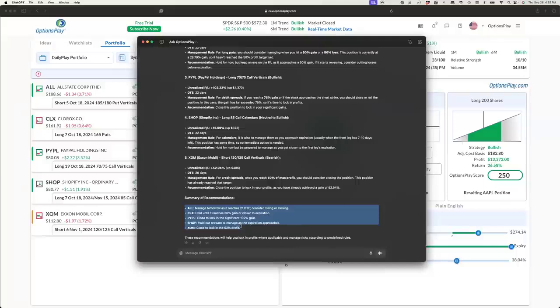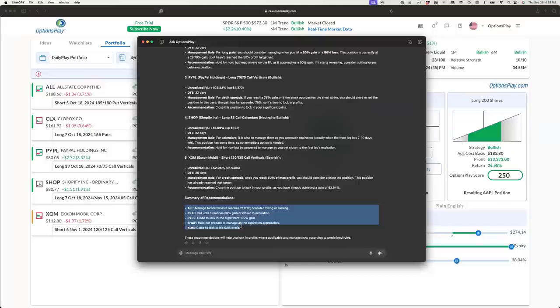Whether it's a time-based rule, take profit or stop loss, not only do I have to remember it, it applies all the rules and reminds me of what they are, so I can clearly understand the thought process behind why I might have to take profits, cut losses, manage a position, or simply let it hold.